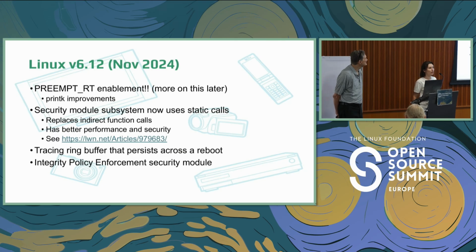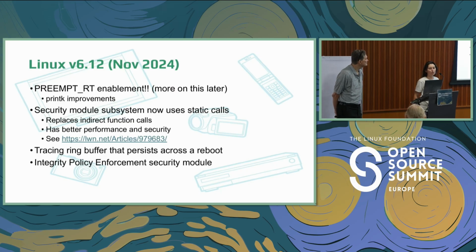We start from 6.12 that was released in November last year. So if you still remember that there was a time that there wasn't PREEMPT_RT in the Linux kernel, that's less than a year. So it has been merged.